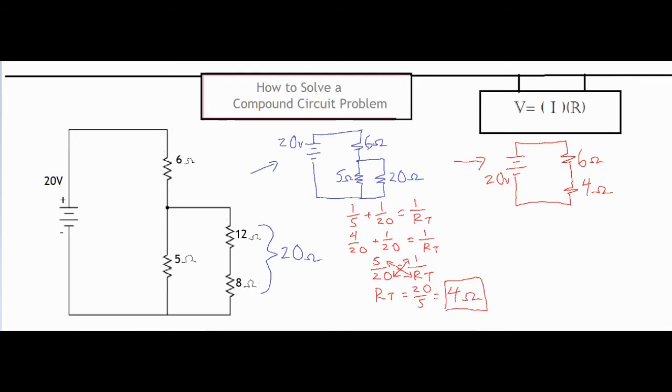I could actually simplify it down one more time and combine these two, but I don't think that's necessary. Now I'm going to find the total current that flows throughout the circuit, and use that current to help me solve for the rest of the values, so I can also solve for the voltage drops through each of the individual resistors.